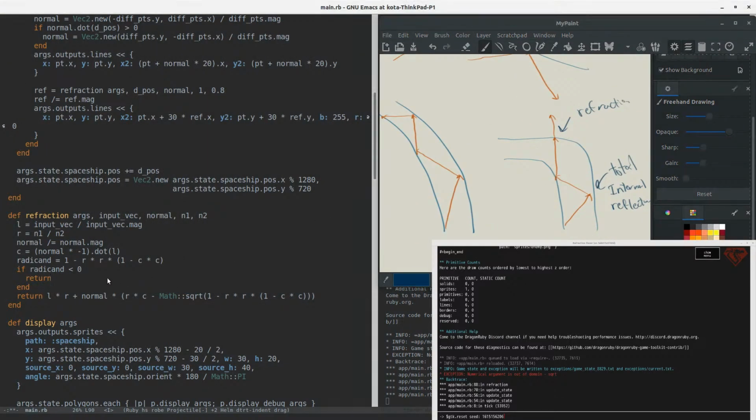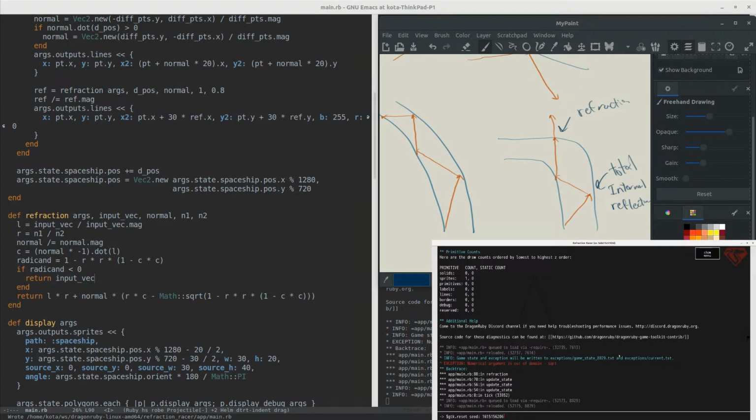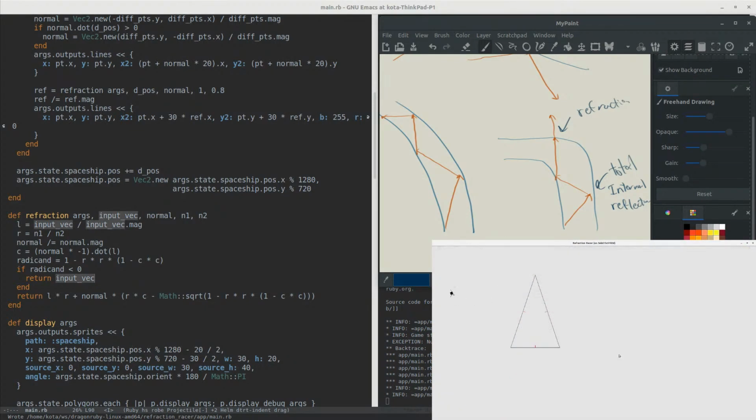For now, I guess we can just return whatever the input vector is. And that way we'll just say, hey, if it's a steep enough angle, then it won't impact it, which seems wrong, but we'll just do that for now. And that way at least we'll have something.